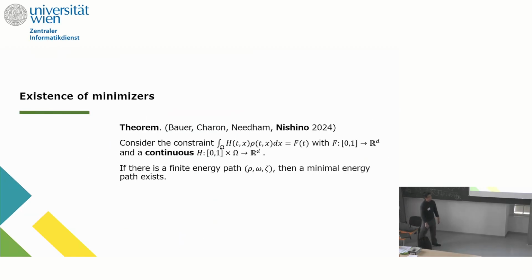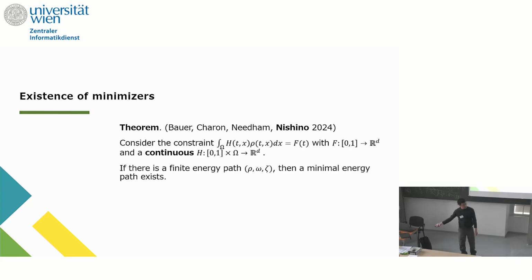So the first theorem that we have proved is the existence of minimizers. Let's say we have this constraint, and I don't mention it here, but we will fix the initial and the terminal measure. Let's say H is continuous. That's the only technical assumption. Then if there is a finite energy path connecting the initial measure and the terminal measure, there is also a minimal energy path.